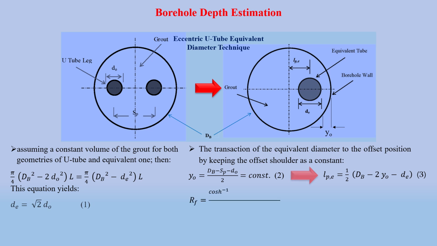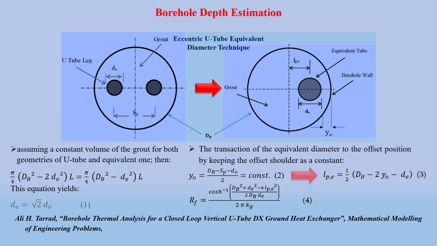And we will use the same equation which we have presented in previous correlations and episodes, that the thermal resistance of the grout material can be represented by the offset resistance for a tube or cylinder inside an external cylinder for the shape which is representing the equivalent diameter.